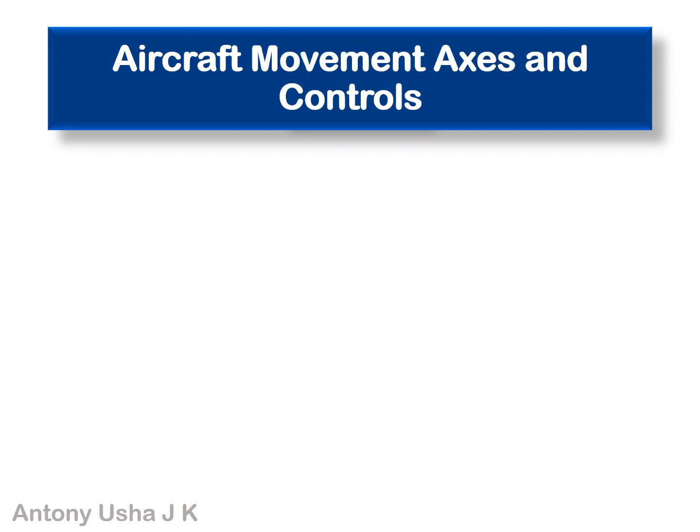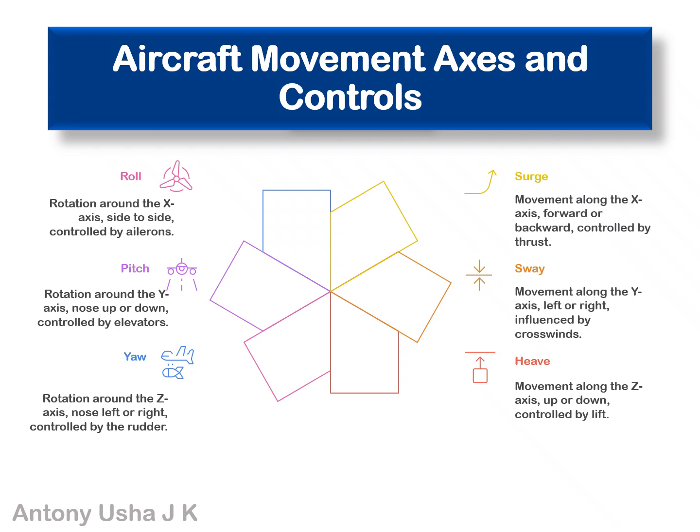Aircraft movement axis and control. For ease of understanding between the two movements, translational and rotational, I have differentiated and made a slide for your reference, where on the left side I have placed the three types of rotational movements, that is yaw, pitch and roll, and on the right side the three types of translational motions.